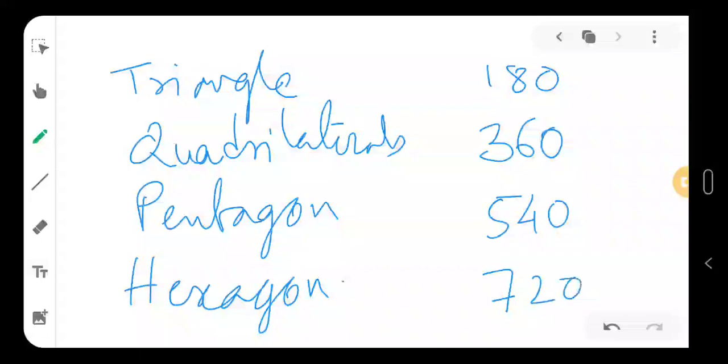So the general formula is nothing but 180 into side minus 2, because a triangle has 3 sides. So I am writing this here, that will be better. So the formula is 180 into (side minus 2).